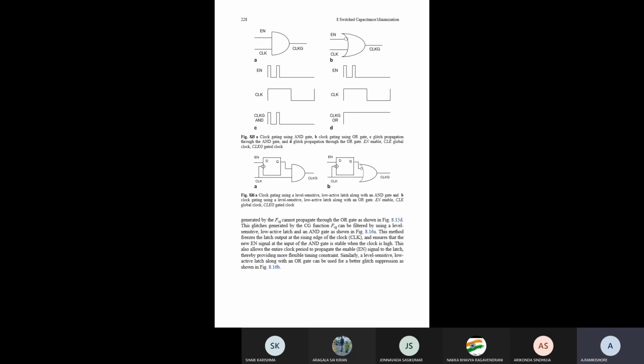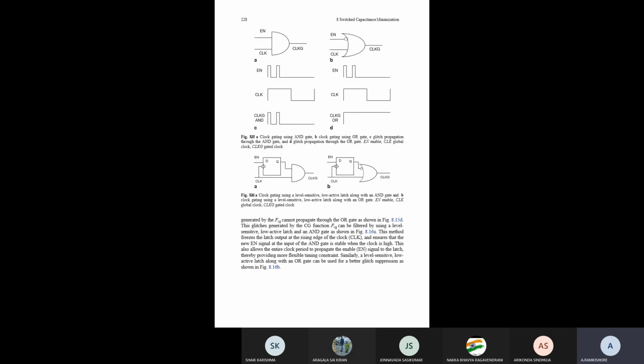When the idle condition of the functional unit is true, that means the functional unit is not effectively operating, so the clock to the functional unit shuts off with the help of the CG circuit. Here CLK is the global clock, and CLKG is the gated clock generated by the CG unit.